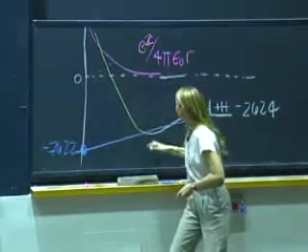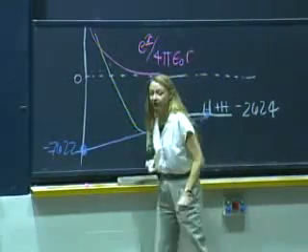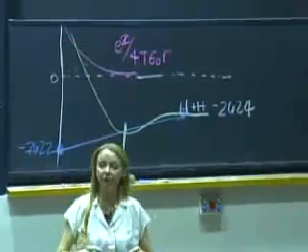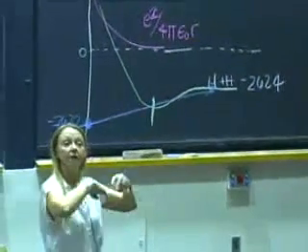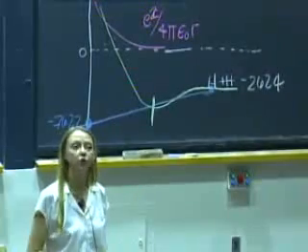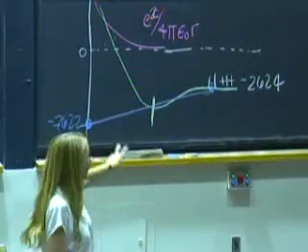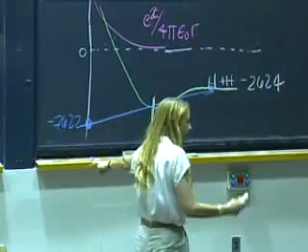So your chemical bond length is determined by that competition between the electron attractive interactions and those nuclear-nuclear repulsions. All right? That's what determines the bond length.